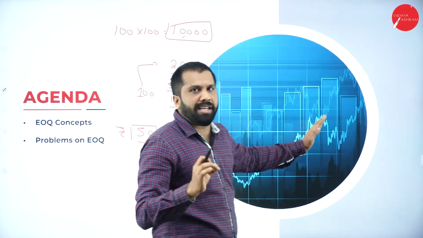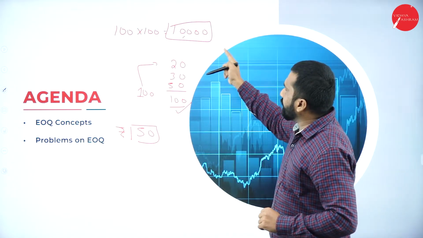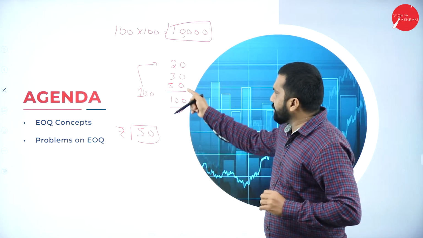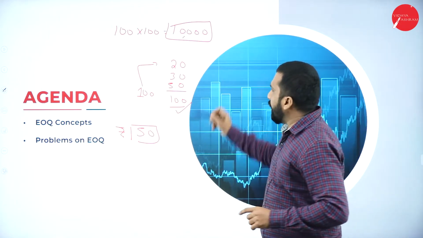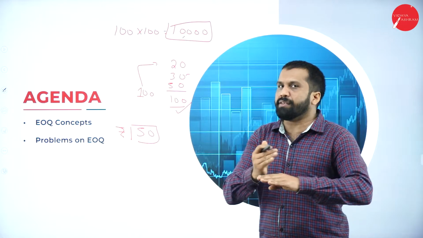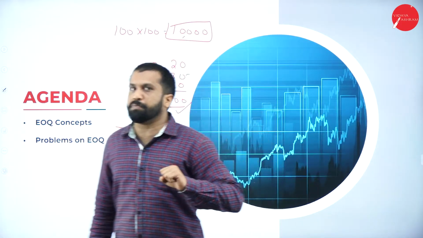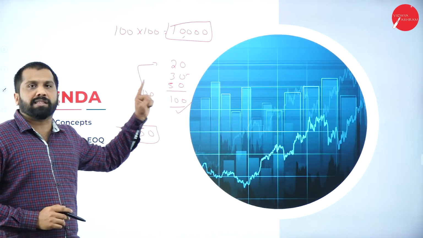Without applying EOQ, if you go normally, you have to spend 10,000 for 100 books. You may say, sir, I'll skip the snacks, I don't eat. You may have 0, but somebody may have 60 rupees of snacks. That's why on average it is 30 rupees for snacks. So for 100 books, all 100 members together spend 10,000.